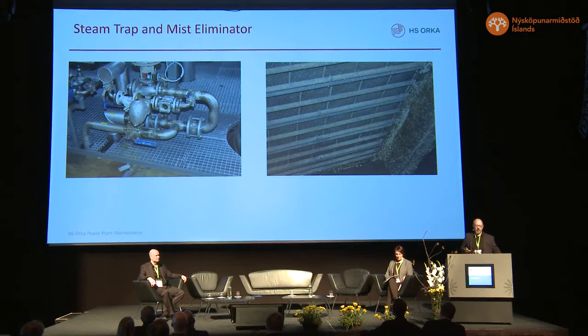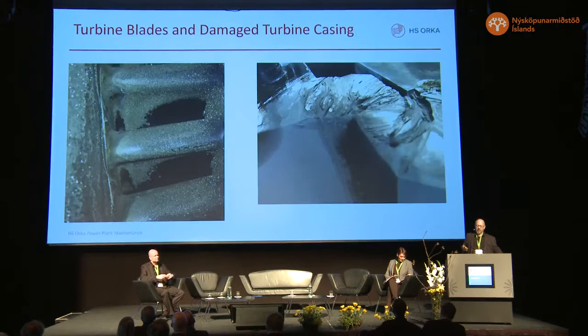We have here a steam trap and a mist eliminator for getting the stuff out of the steam before it enters the turbine. We have steam turbine blades, actually only this size, so it's a big picture, with iron sulfide scaling.